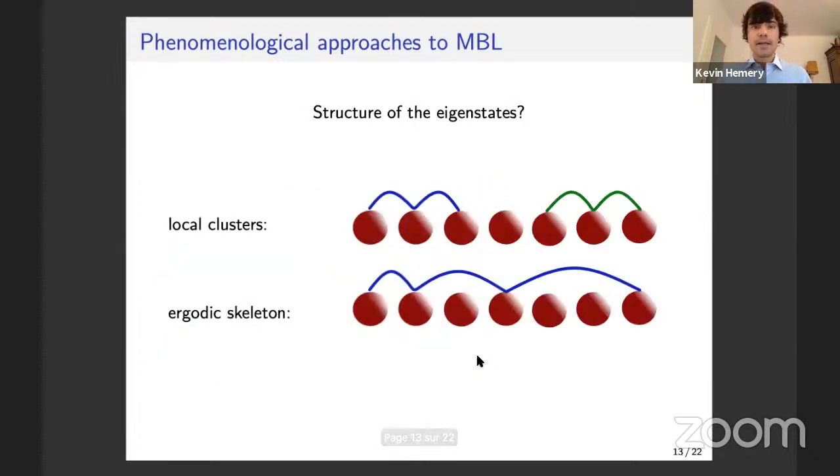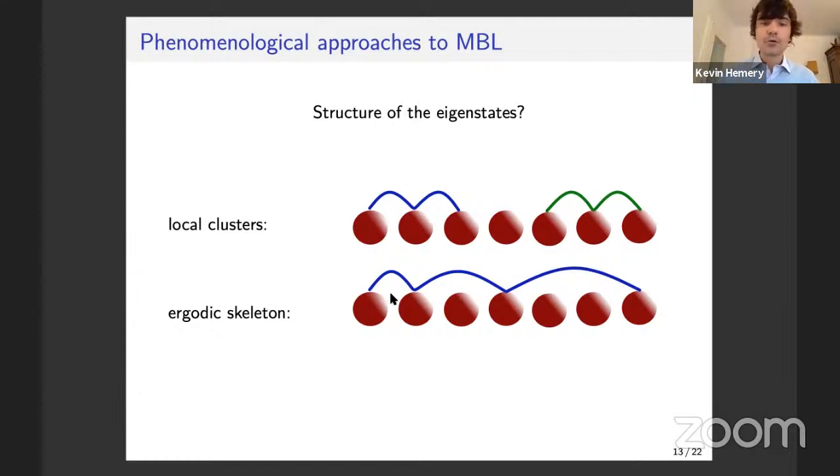Okay, and so as I've said, these approaches rest on some hypotheses. For example, we don't really know a priori the structure of the eigenstates. In the slide before, we had local clusters, right? We had maybe some ergodic and some insulating blocks, but they were all local. But this is just an assumption put in by hand at the beginning of the RG.